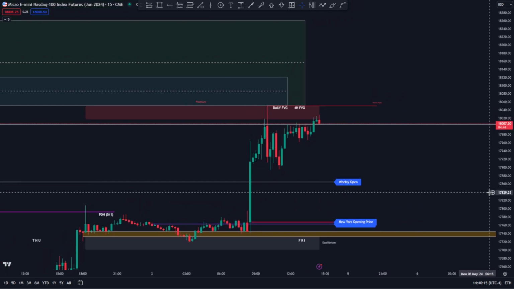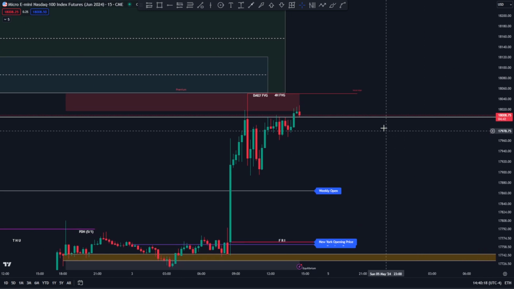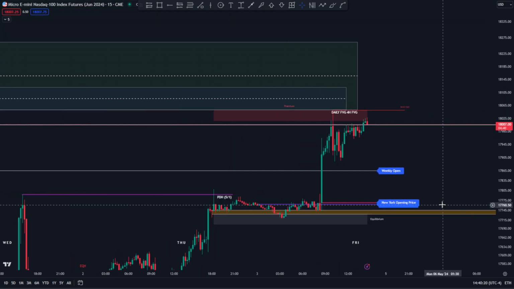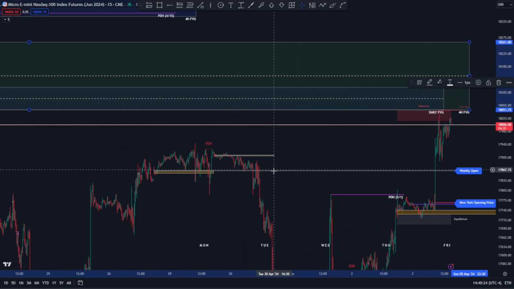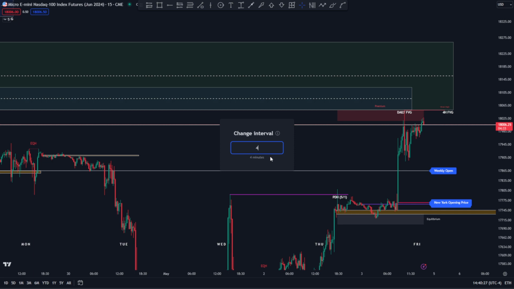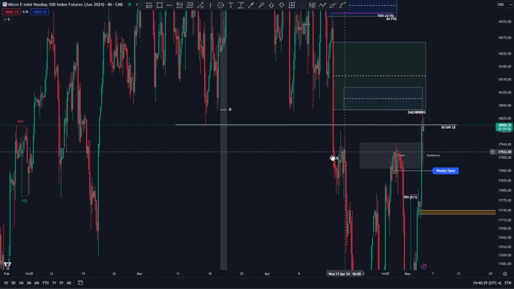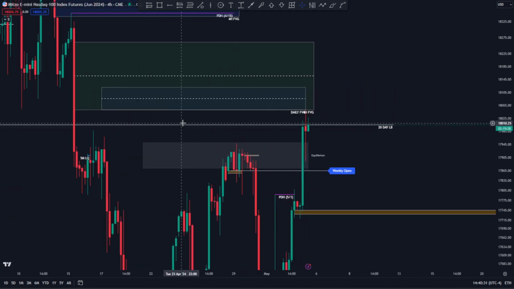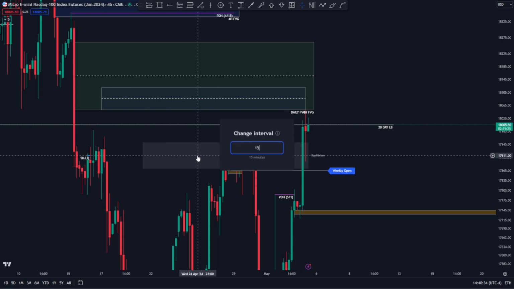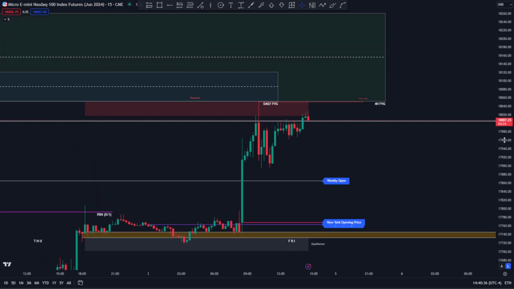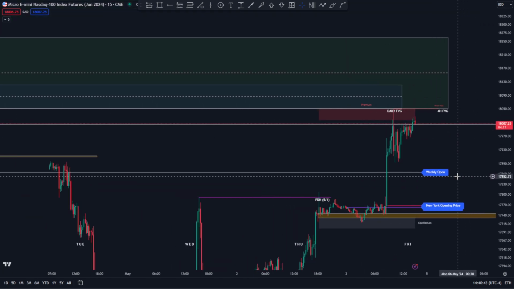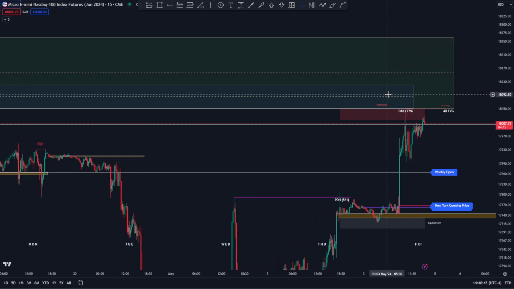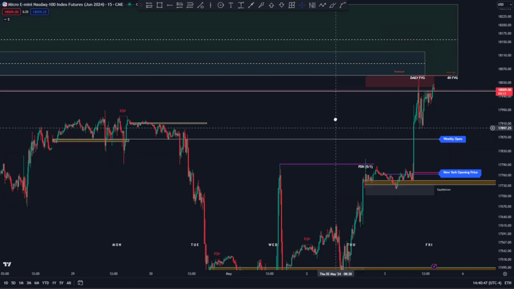I am also thinking that eventually, I don't know if it will happen today, we're going to go back, and I thought there was a high in here somewhere. I may be thinking of the YM. It's probably on the YM side. But I'm thinking we're going to go into the remainder of the daily or the 4 hour, and fill that in.